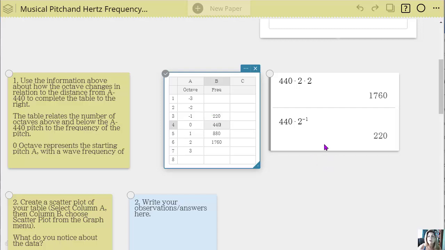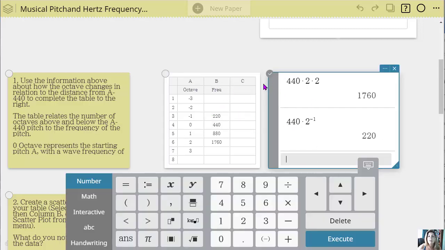Maybe I could use my connection between my table and my calculation to fill in the rest of the table all at once. If I understand that frequency, notice I'm using the label of the column, I'm going to make a function. It starts with 440, multiplied by some power of 2. Where is that power of 2 coming from?